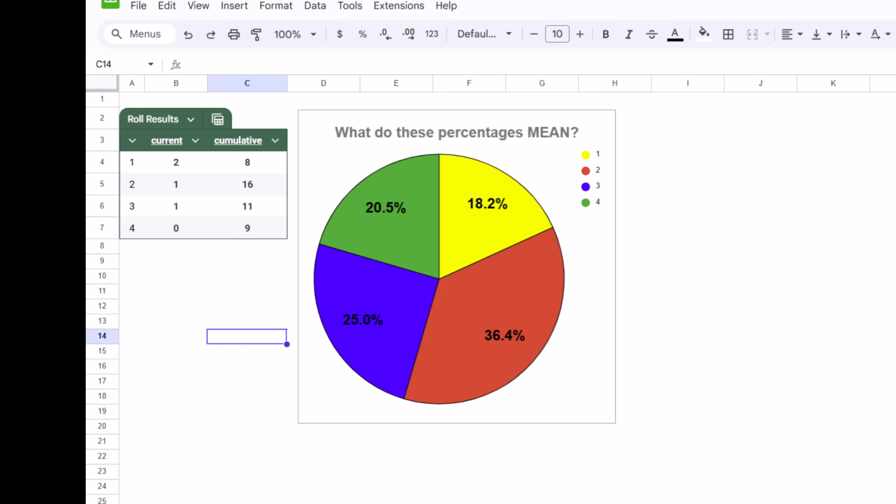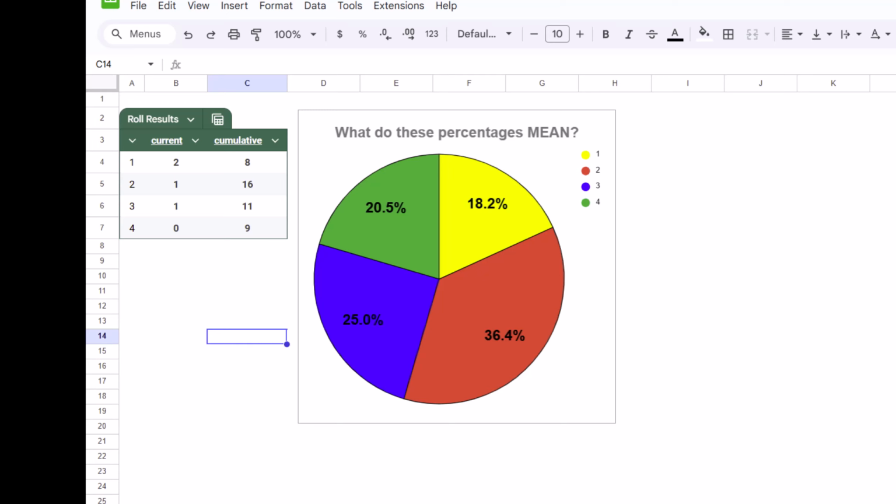So it stands to reason, at least in my mind, that since a die is a random number generator, since it's supposed to pick one of 4 numbers randomly and therefore kind of equally, it seems to me that those results should be more even.